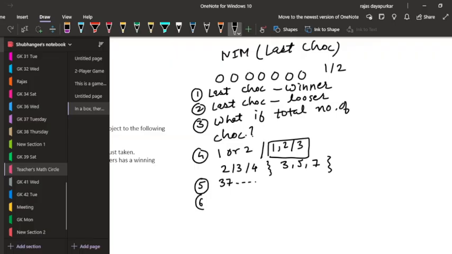And the last variation was to write the number 60 on the board and then subtract proper factors of 60. The person who gets 1 is the winner. So 1, 2, 3, 4, 5, 6 are all factors.